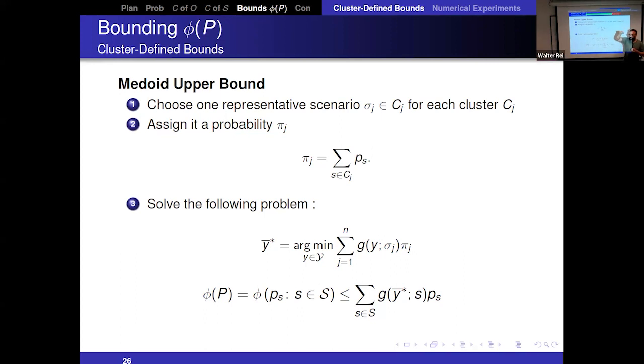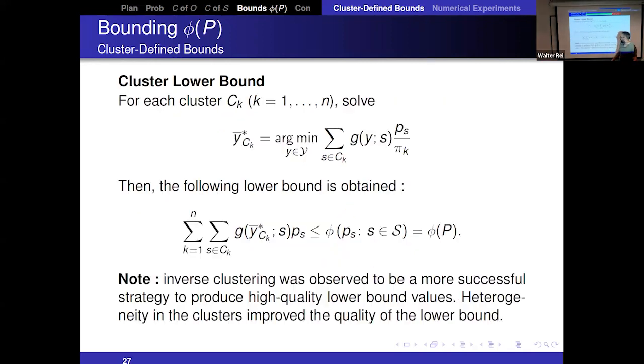You build the clusters, identify a single representative, and create a smaller two-stage model by only considering the representative scenarios from each cluster. Associate the total probability of the cluster to the representative, and then solve that reduced size model. Get a solution, then take that solution and evaluate it over all scenarios in S, and that gives you an upper bound. So it's kind of scenario reduction through the use of the clusters.